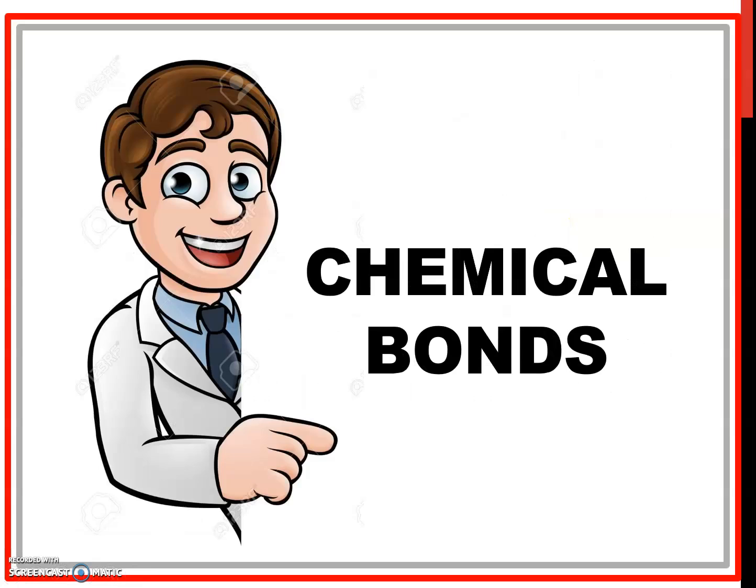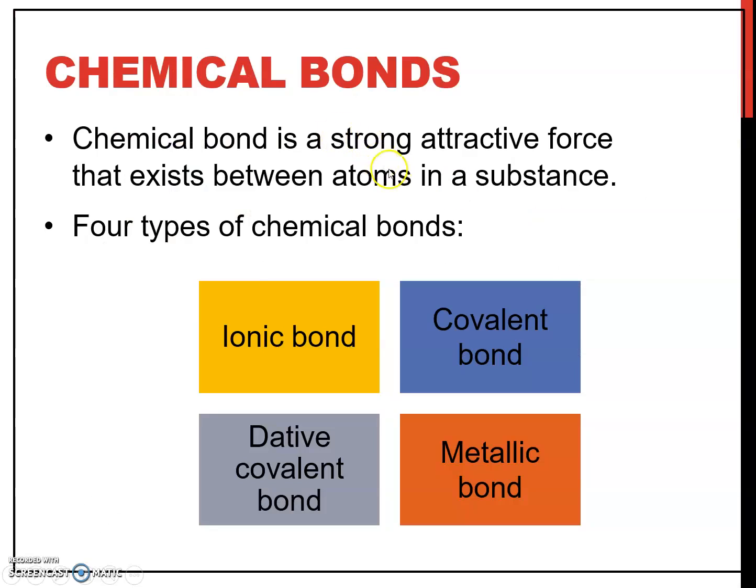Okay, next, chemical bond. The definition of chemical bond is a strong attractive force that exists between atoms in a substance. There are 4 types of chemical bond.